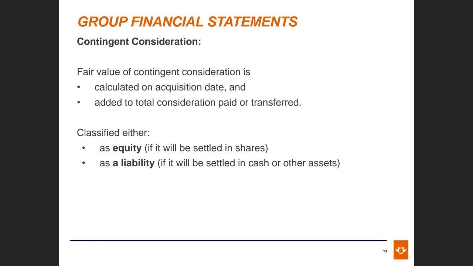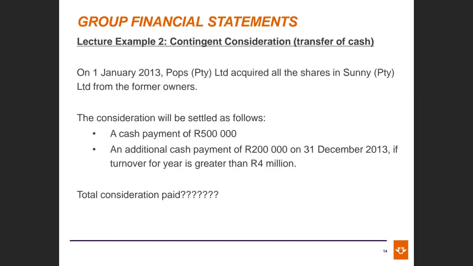So let's have a look at an example. On the 1st of January 2013, Pops Pty Limited acquired all shares in Sunny Pty Limited from the former owners. The consideration will be settled as follows: a cash payment of 500,000 Rand, and an additional cash payment of 200,000 Rand on 31 December 2013 if turnover for the year is greater than 4 million.